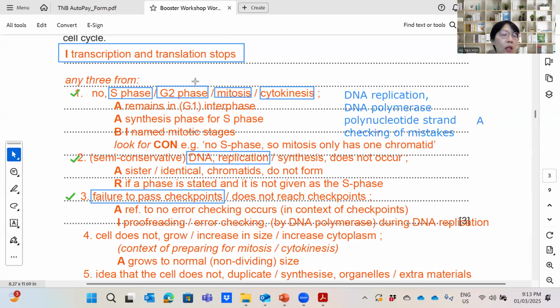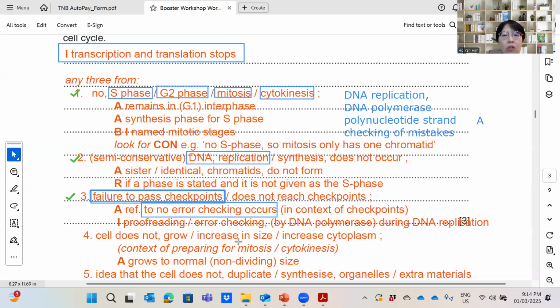This is something that you didn't learn in your A-level syllabus. But some students who know it will say, oh, because there's no S phase, therefore we cannot check any mistakes or any error that occurs during DNA replication. So no error checking occurs.